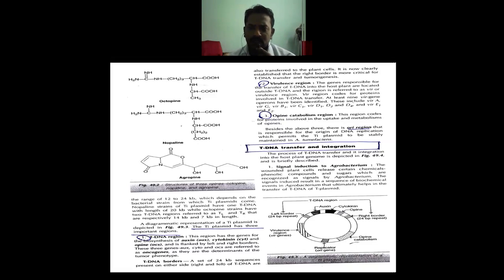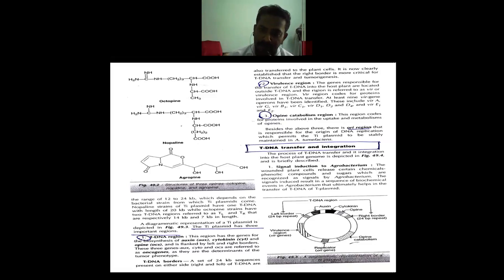The first one, the signal induction to Agrobacterium. In this step, the wounded plant cells release certain chemicals. These are phenolic compounds and sugars, which are recognized as signals by Agrobacterium. The chemicals are secreted from the plants, and then the Agrobacteria move towards the plant cells.